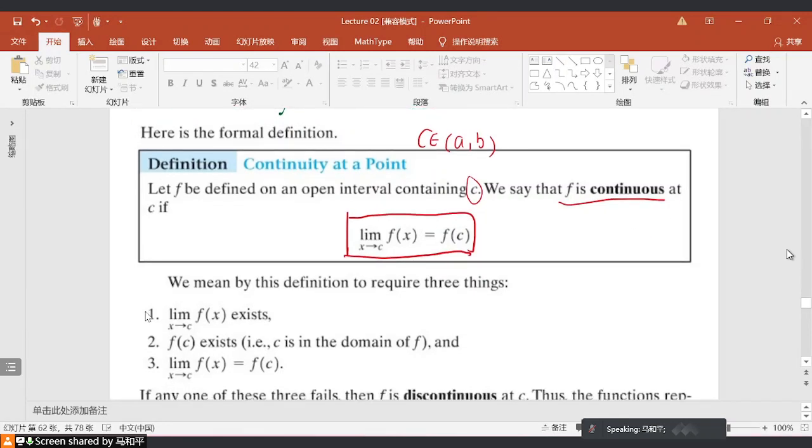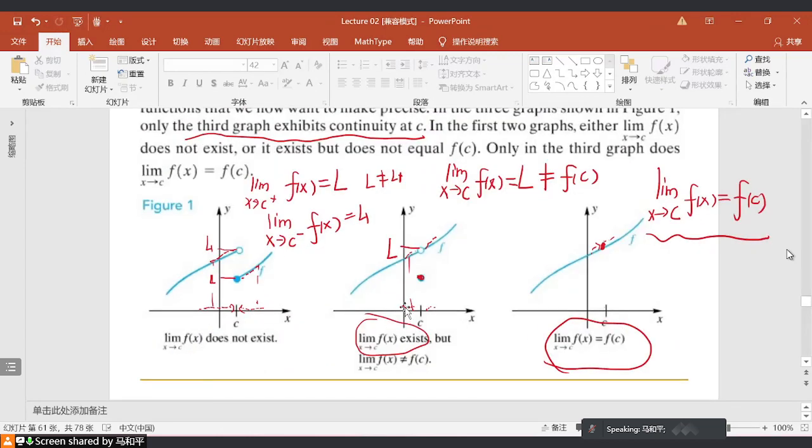First, this limit must exist, right? And f(C) exists, that means C is in the domain of f. And the last one is this limit must be f(C). If it's equal to another number L that is not f(C), like the second graph, it is discontinuous.